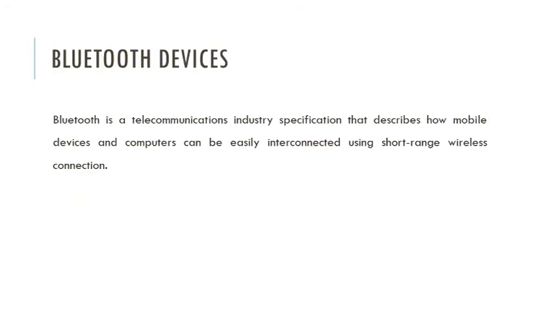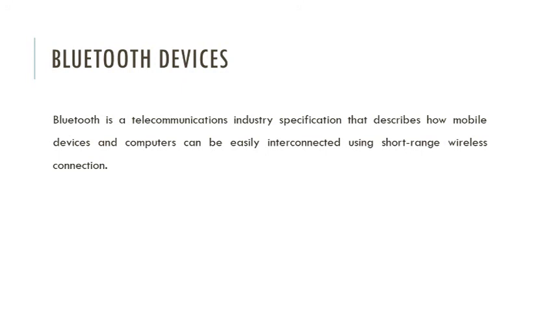Now we have the last category of these input devices, which is the Bluetooth devices. Bluetooth is a telecommunication industry specification that describes how mobile phones, computers, and personal digital assistants, the PDAs, can be easily interconnected using a short-range wireless connection.